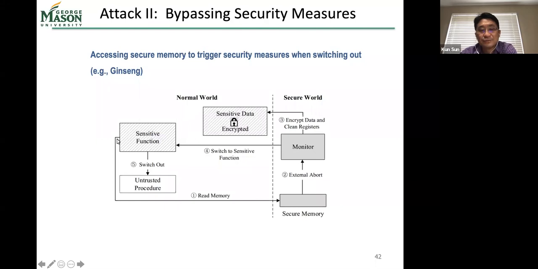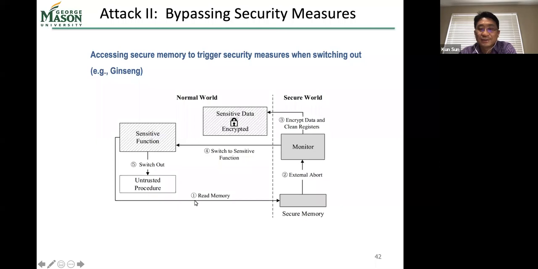So they have to do this domain or world switching. They do this by reading the secure memory, because they are still in the normal world, so they can only access the non-secure memory.